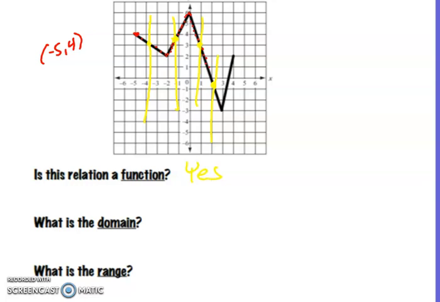Now, the domain, remember, is the x value, so it's on the x line. Look at this function. Notice the farthest left is right here at -5 on the x line, and the farthest right is right here at +4. So on the x line, it goes from -5 to 4.